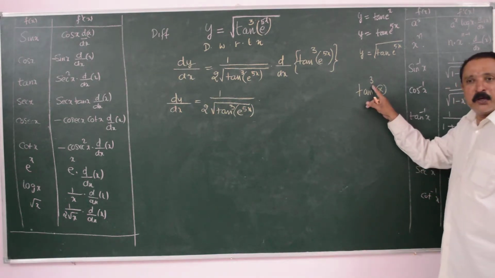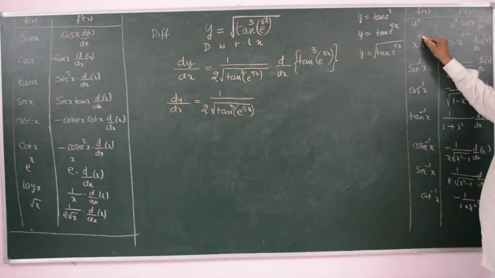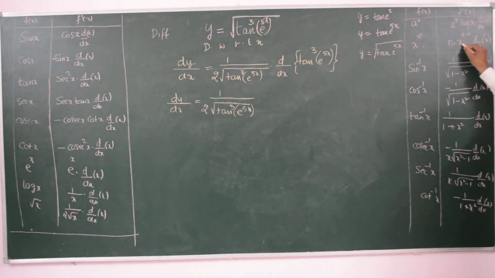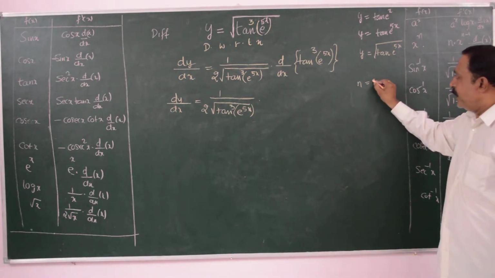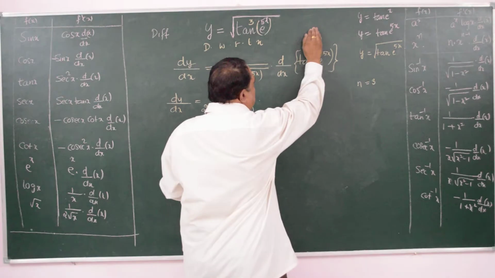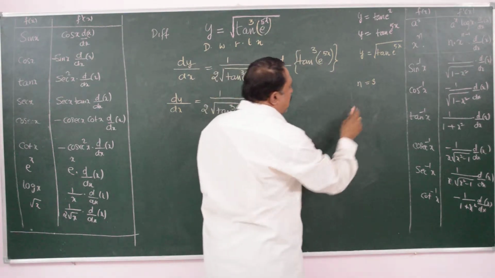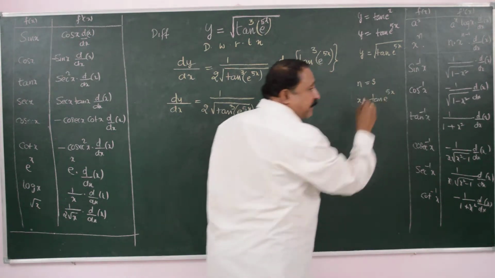So first you have to use the power rule. Here in the power rule, for x to the power of n, the differential coefficient is n x to the power of n minus 1. So what is n here? 3. And what is x? x is that without the power. x is tan e to the power of 5x.